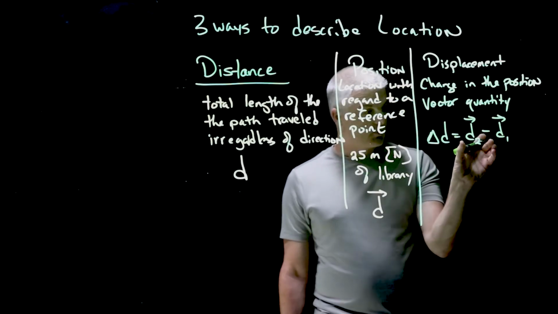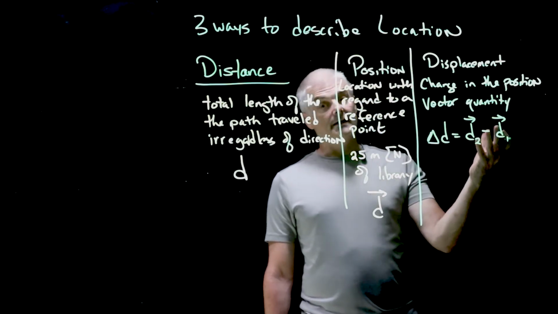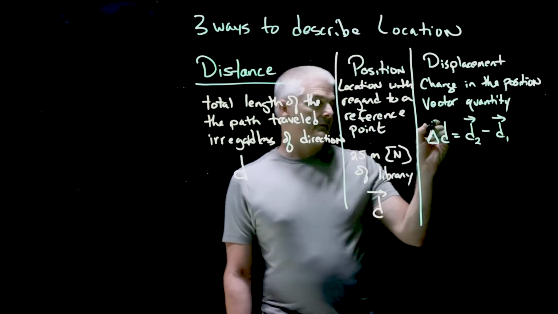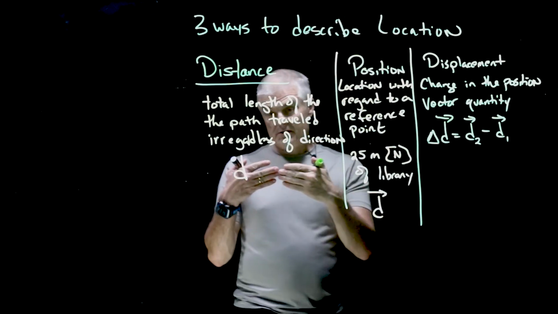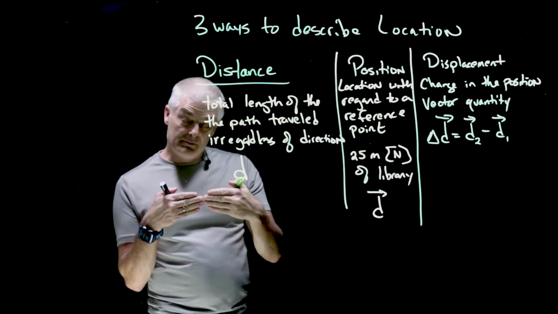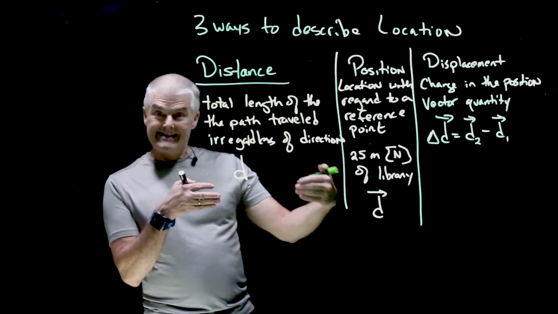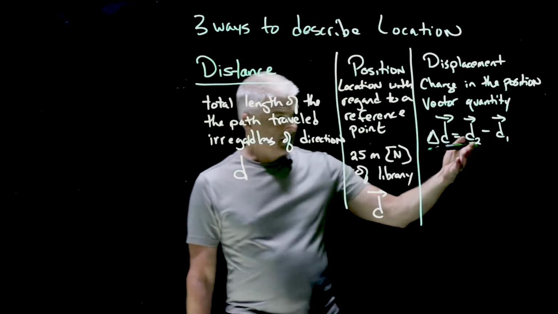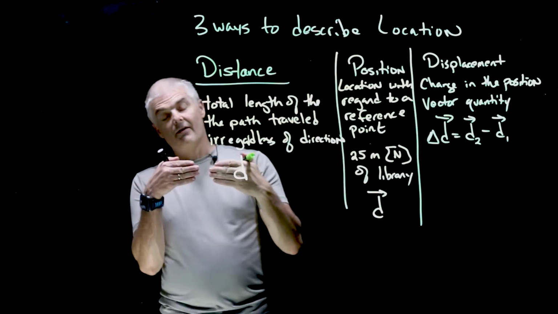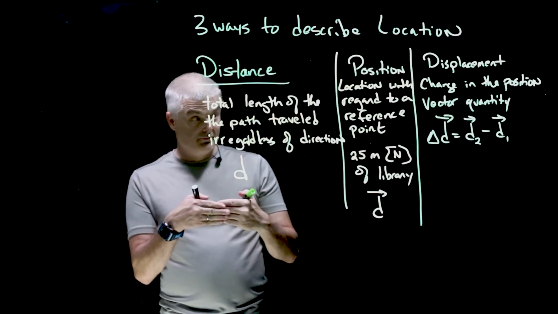See, what's happening is we're trying to find how far it has moved. And by the way, I forgot this should be here. So for example, I would say that the fox went from 5 meters east to 10 meters east. 10 minus 5, the delta d, the change, is 5 meters east.